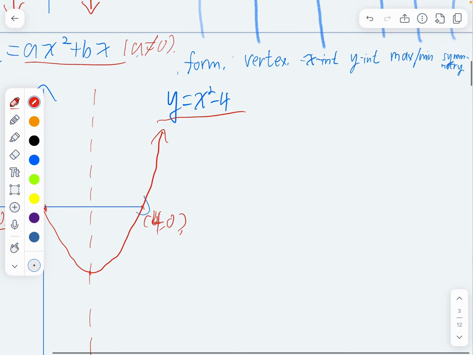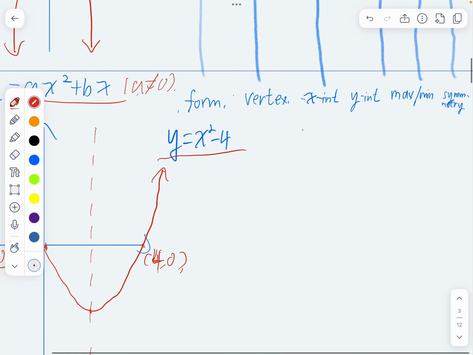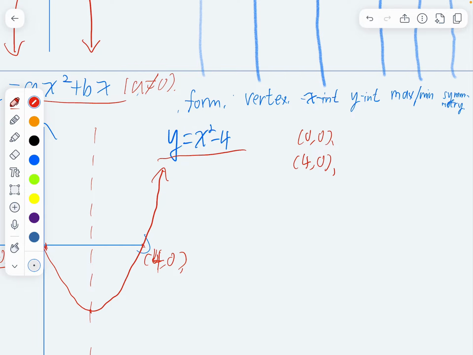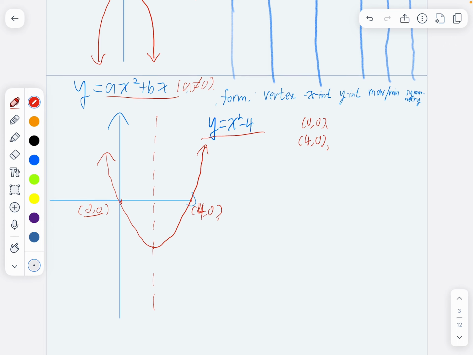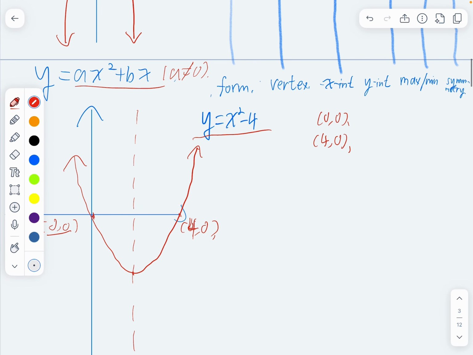So the x-intercepts are (0, 0) and (4, 0). Also, the y-intercept is (0, 0), because it only passes through that one point.